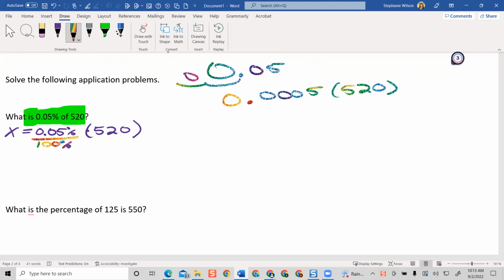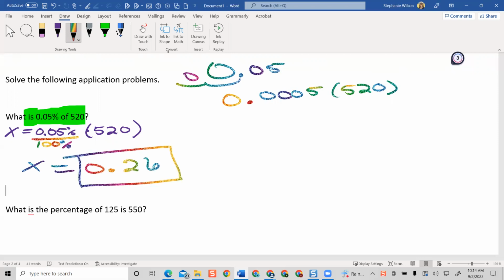Like I said, divided by that 100%, moving the decimal. I'm going to end up with 0.26. So that's the number of that.